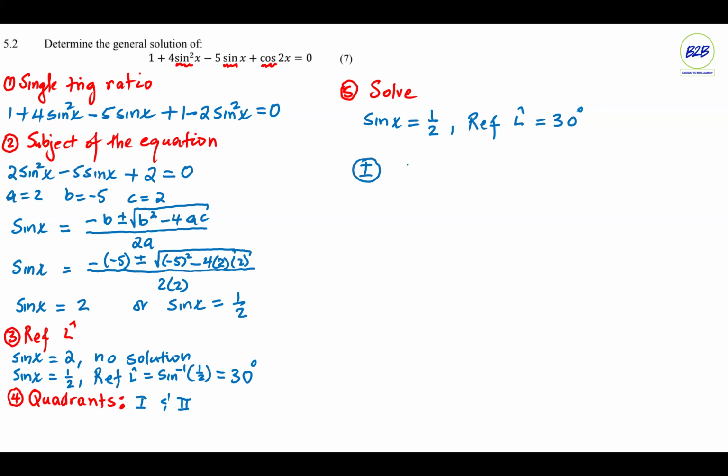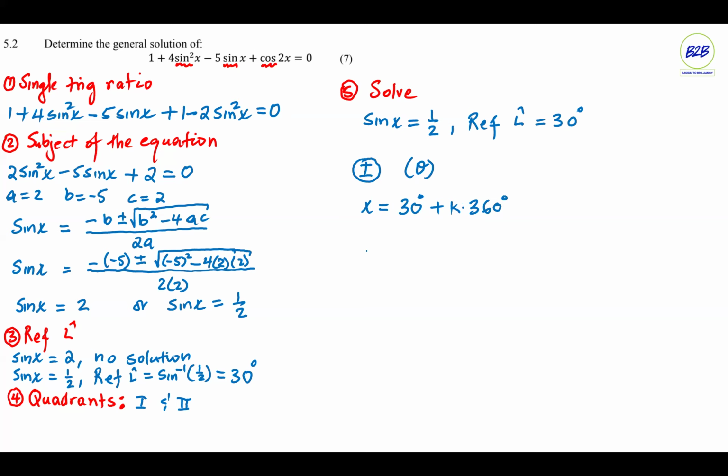Within the first quadrant, we have theta there, and theta in this case refers to the reference angle. So when we determine the general solution, we will say x is equal to the reduction formula theta, which in this case refers to 30 degrees, plus k times 360 degrees. And that is our first solution.